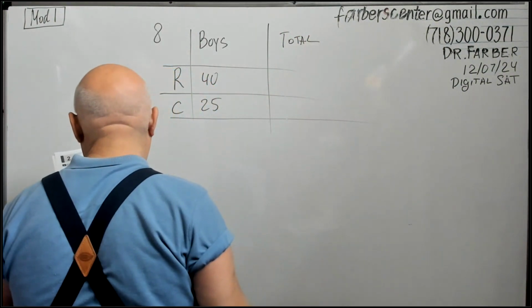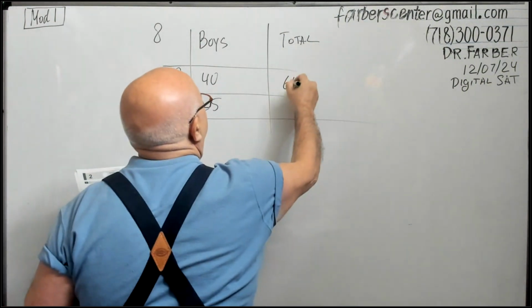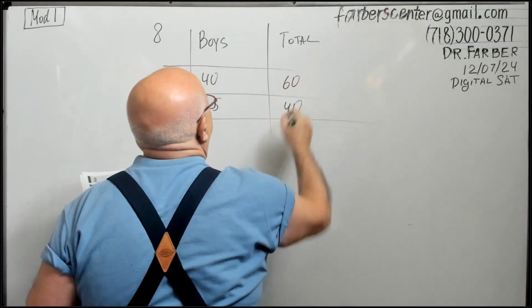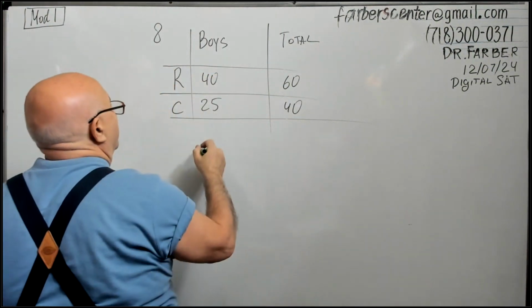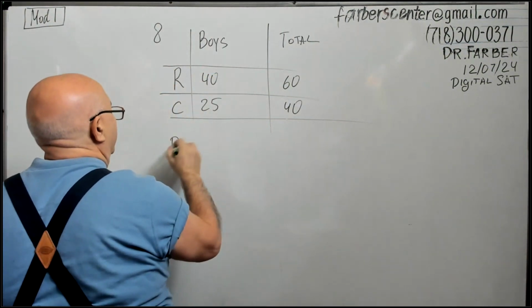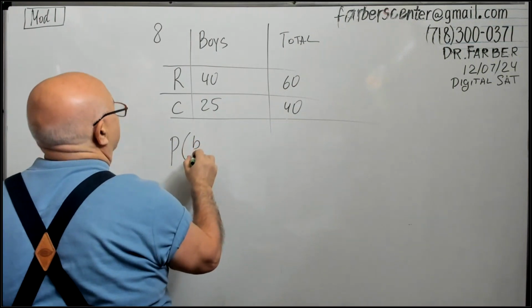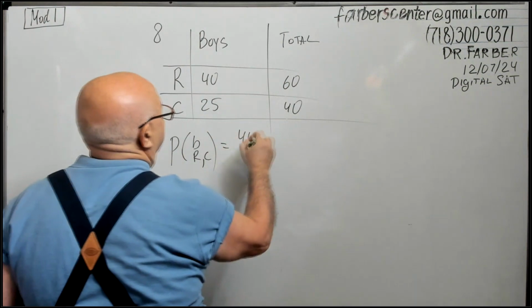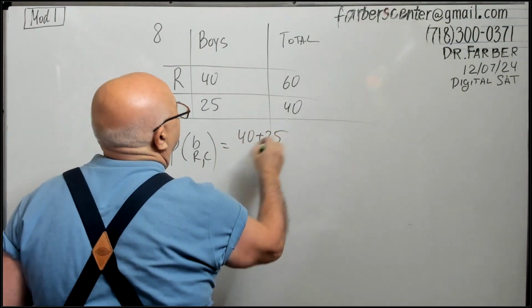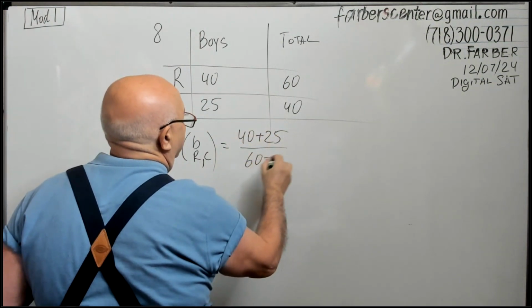And total we have 60 and 40, right? So add them up. Probability of boys in this robotic and chess club equals 40 plus 25 divided by 60 plus 40.